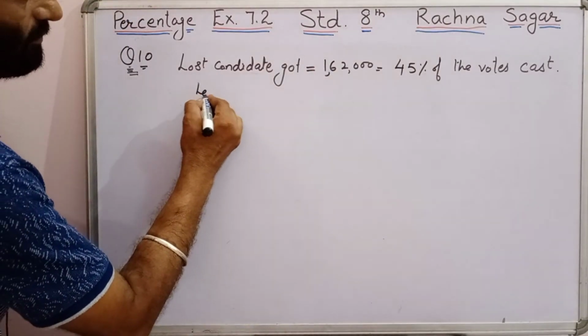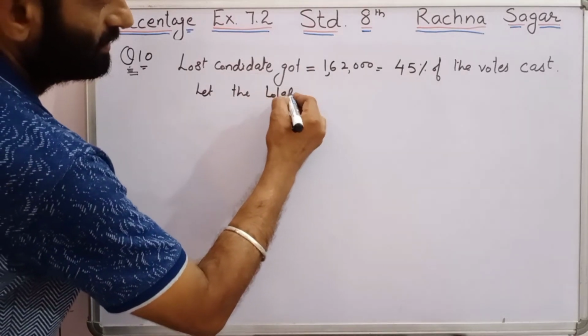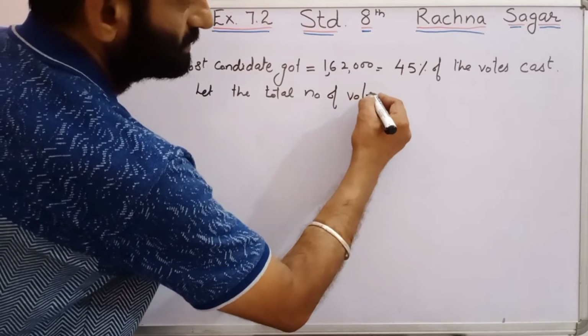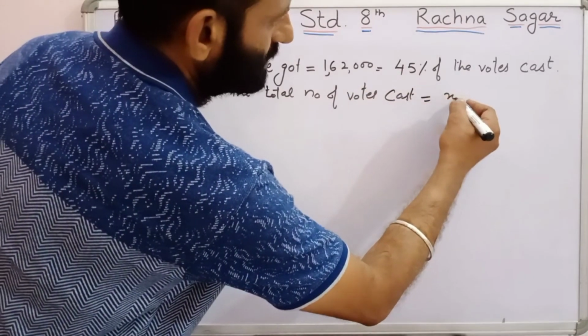Let the total number of votes cast be equal to x.